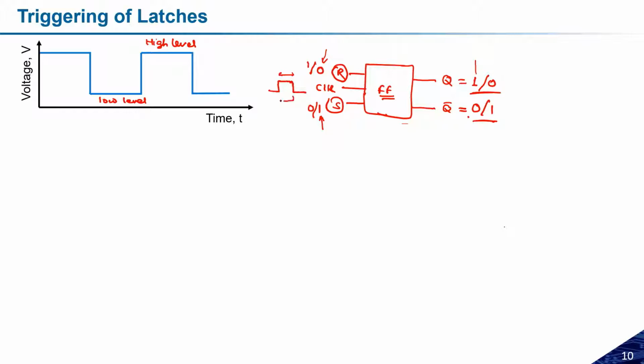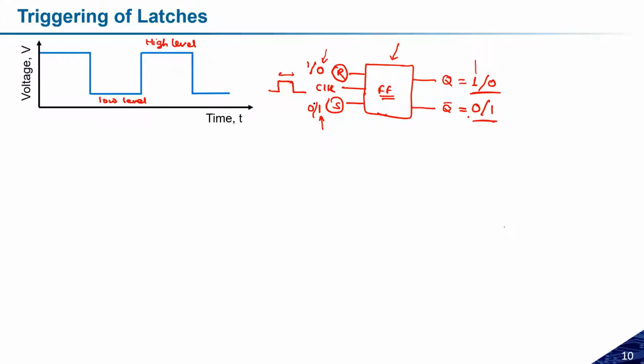But during the same logic high clock pulse, if there is some change in the inputs R and S, because the clock pulse is activated, the flip-flop will operate and the output will change because of the glitch at the inputs. This is not an acceptable condition.